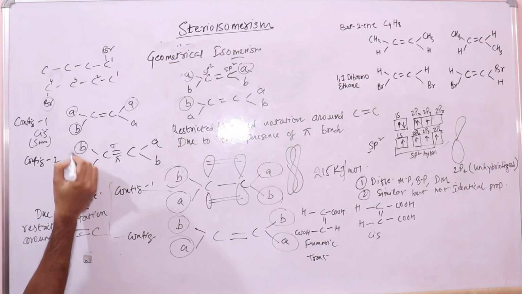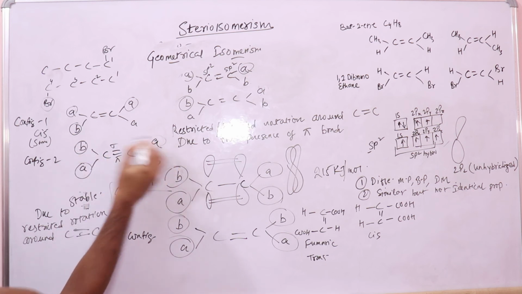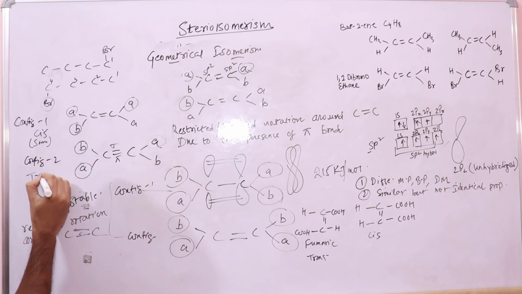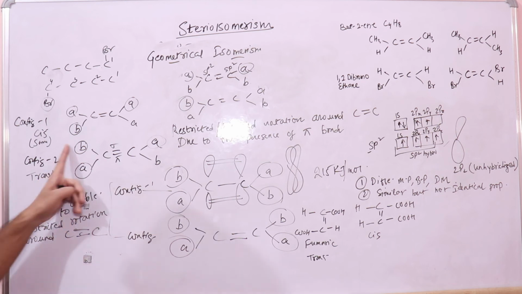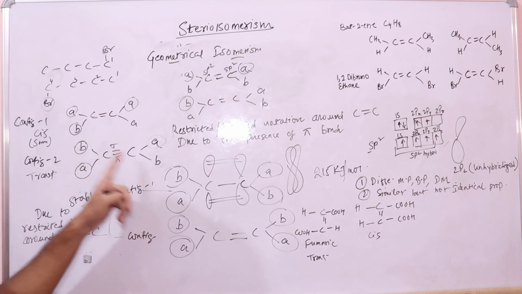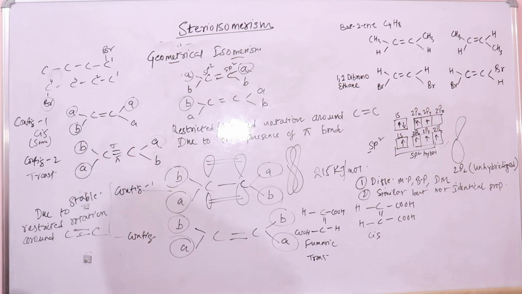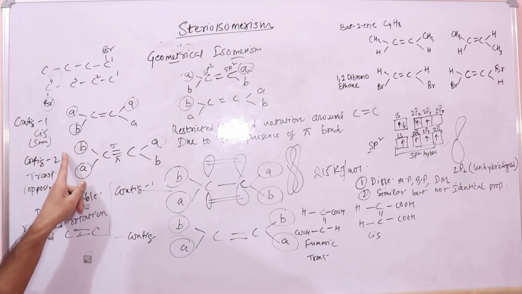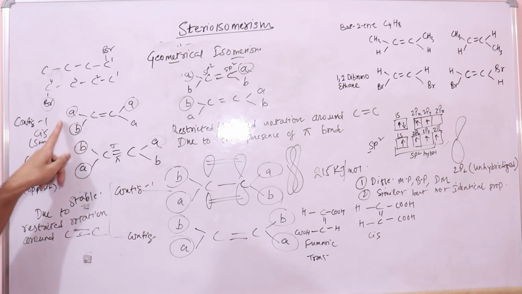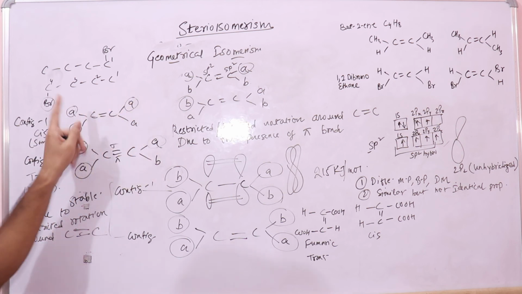Here, at the same side of the double bond, you have different atoms. So this configuration, where similar atoms are opposite and different atoms are at the same side of the double bond, is your trans form. Trans means opposite. In the trans form the similar atoms are opposite to one another, while in the cis form similar atoms are at the same side.